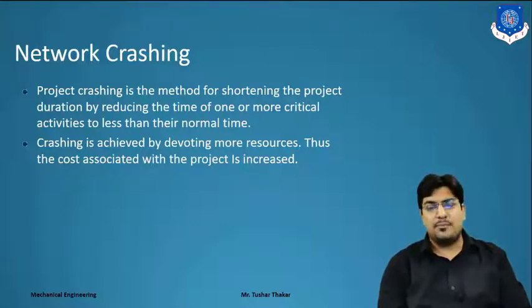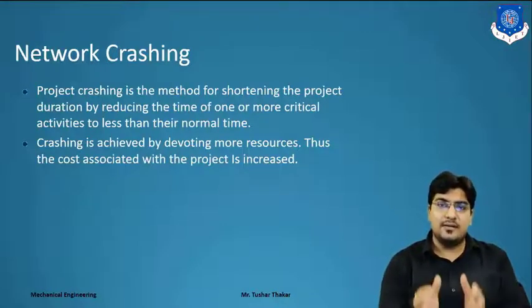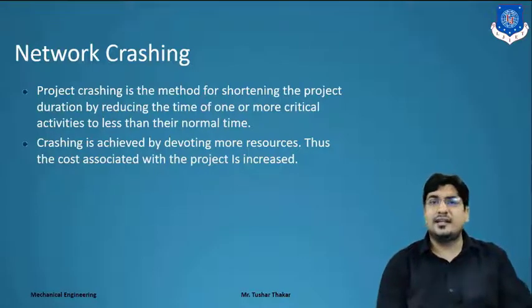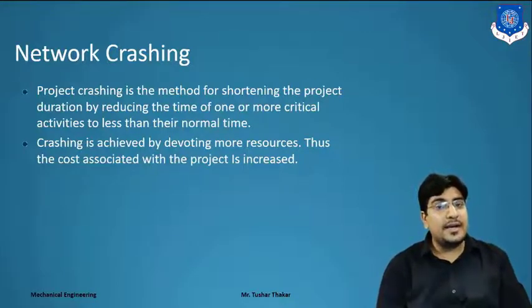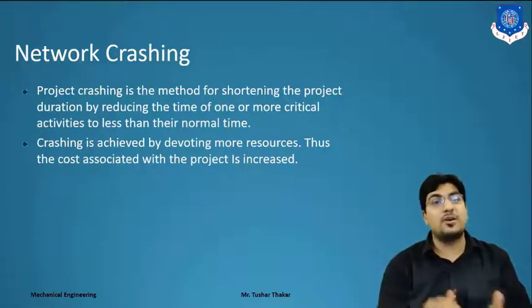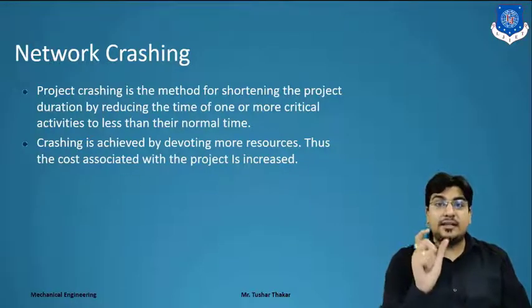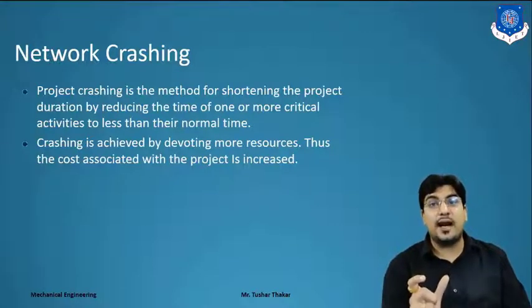As a simple example, suppose we complete one task within 10 days with 10 laborers. But if I want to complete that work within 7 days, what do we have to do? We have to increase the number of laborers, from 10 to 13. So those 3 extra laborers are engaged for completion of the project in 7 days.